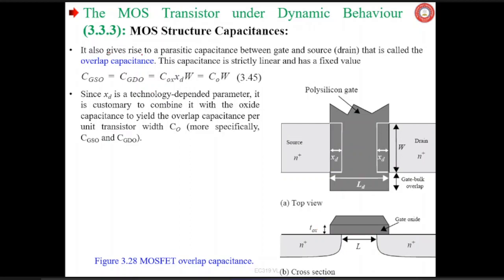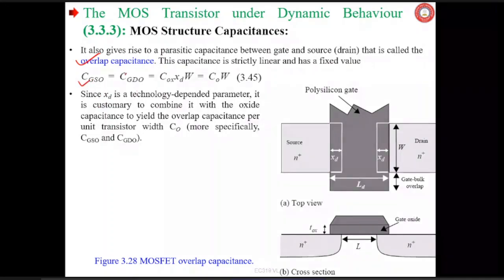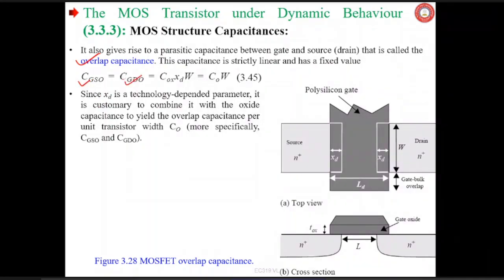It also gives rise to a parasitic capacitance between gate and the source, and gate and the drain. That is called the overlap capacitance. This capacitance is strictly linear and has a fixed value. It is denoted with CGSO or CGDO, the source side and the drain side.